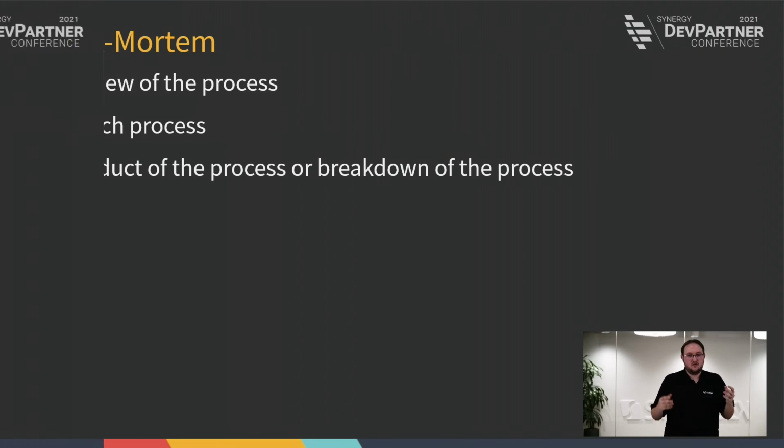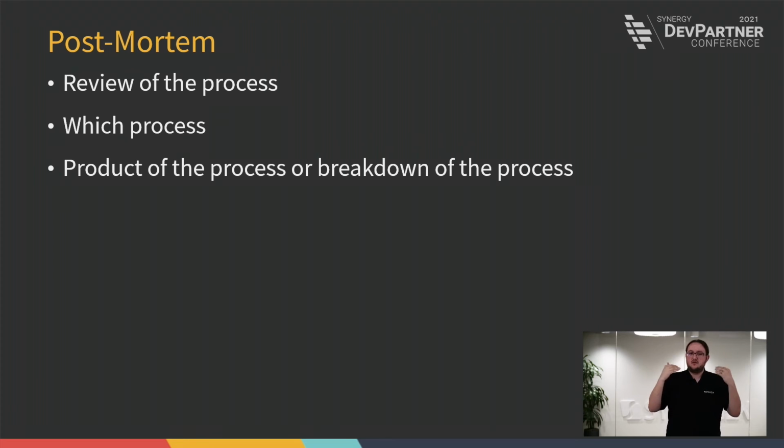A little bit more on the postmortem. Once again, we're reviewing the process, identifying which ones broke down, because it's not usually a case of let's throw out the whole plan. Identify specifically which parts of those plans we could have improved on. And is it a product of the process that is breaking down, or was it a breakdown of the process?